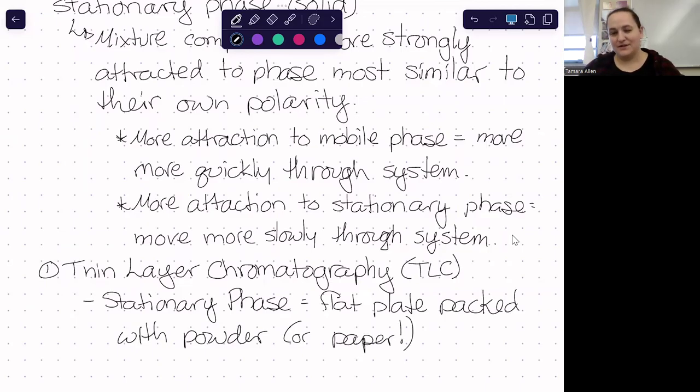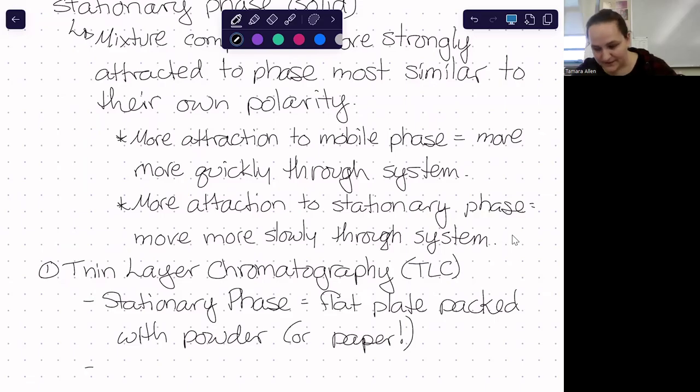Paper chromatography is essentially the same thing as thin layer chromatography. If you've ever drawn on a piece of paper with a marker and then gotten it wet and watched as the ink bled, was carried along by the water, that's this. That's exactly what we're talking about here: that stationary phase, that flat piece of whatever with powder packed on the surface or a piece of paper, has the mobile phase put onto it like ink from a marker.